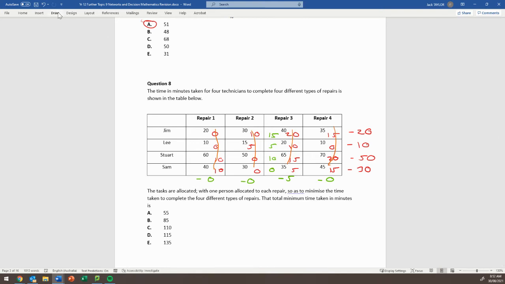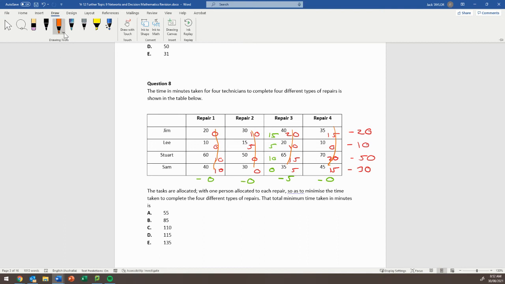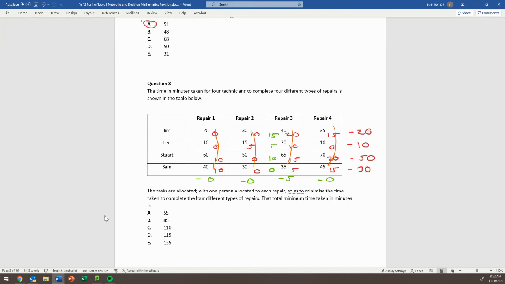From this, if I draw a bipartite graph, so we had, who do we have? We had Jim, Lee, Stuart, that's right, ST, and Sam. Repair 1, 2, 3, and 4.